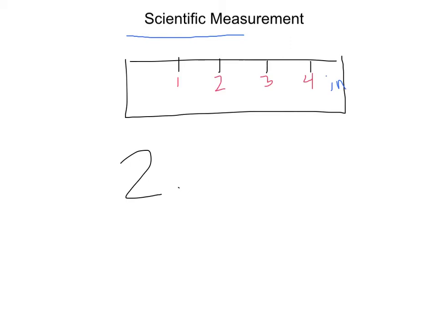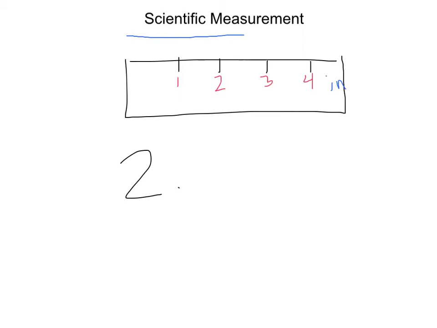However, we don't know anything else for certain because there are no markings in between to tell us 2.2, 2.4, 2.7. So we will have to estimate. The rule is you estimate one uncertain digit. So you write your certain digit first, and then you estimate one uncertain digit. Don't estimate 2, don't estimate 3, don't estimate 17, just one.